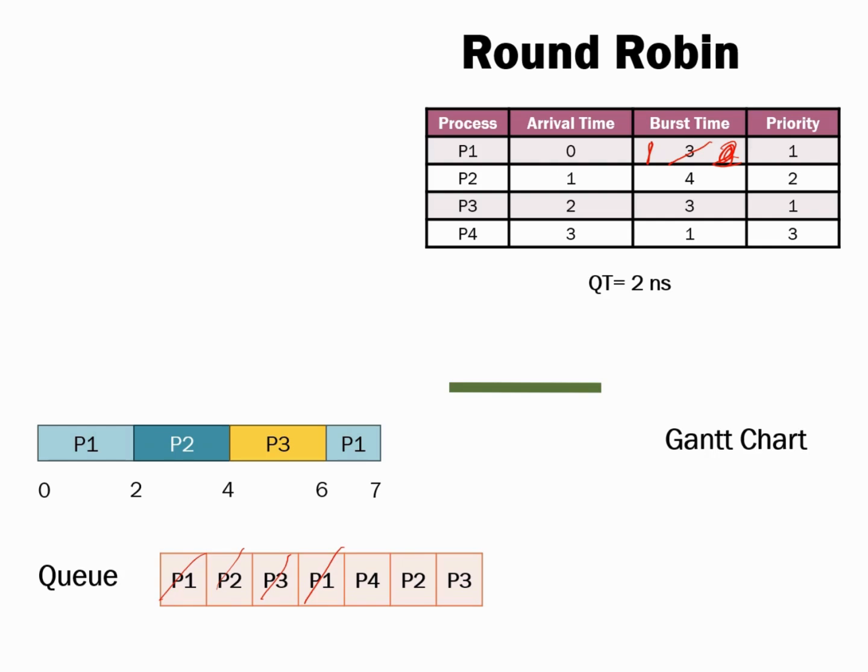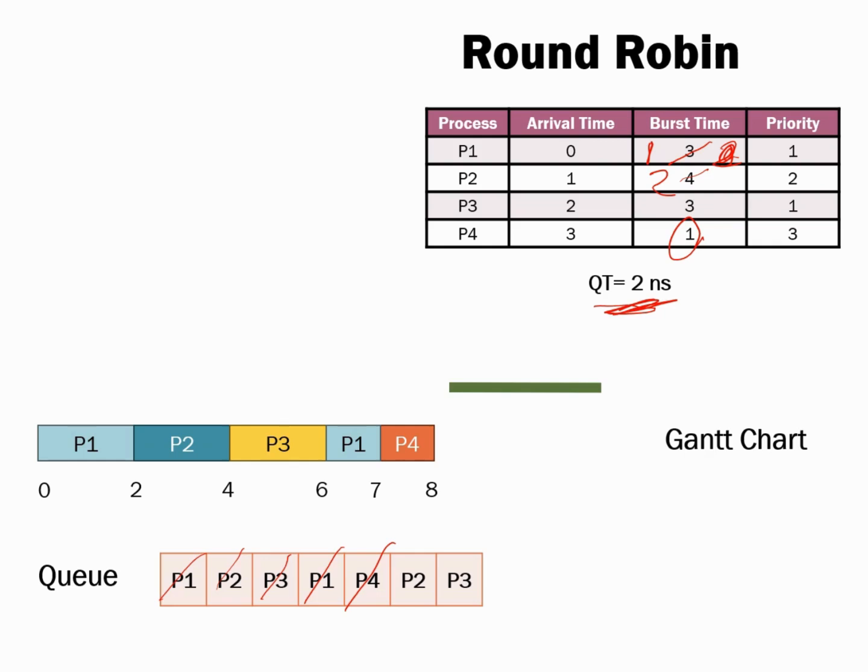After that, we must assign the CPU to P4. P4 only needs 1 nanosecond, which is less than the 2 nanosecond quantum time, so we assign the CPU to P4 between 7 to 8. It is also completed.